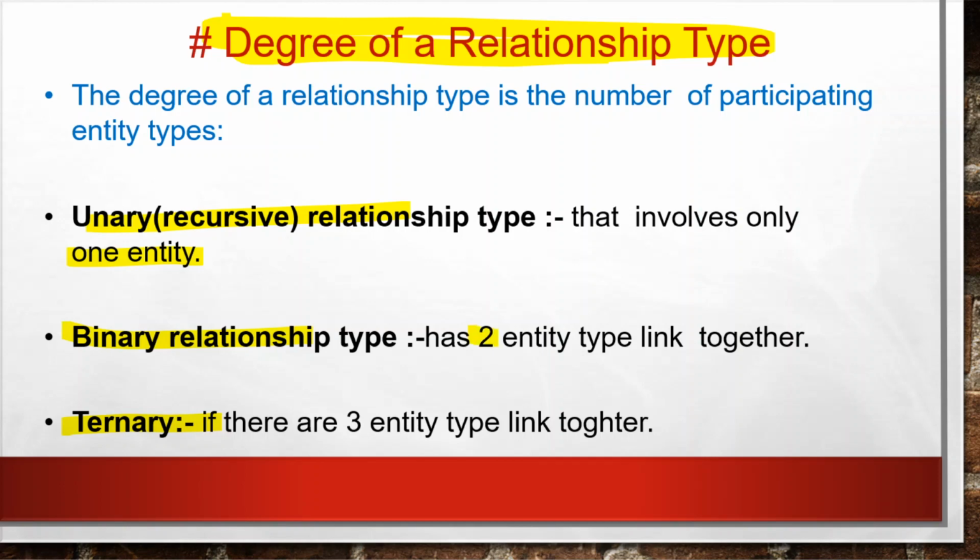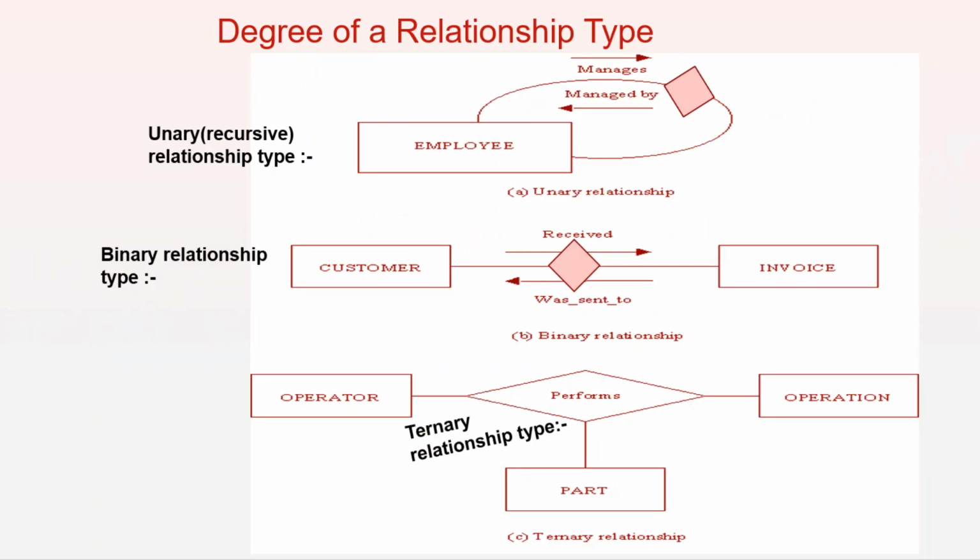If we have two entities, the relationship is binary. If we have three entities, the relationship is ternary. We can also have an n-ary relationship, where more than three entities are involved, which we are going to cover in the extended or enhanced ER diagrams.